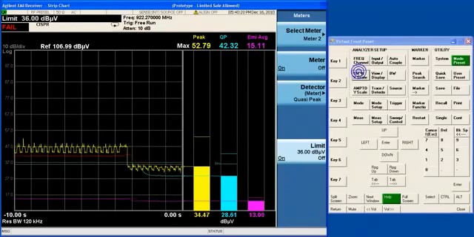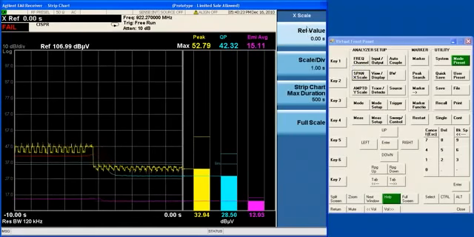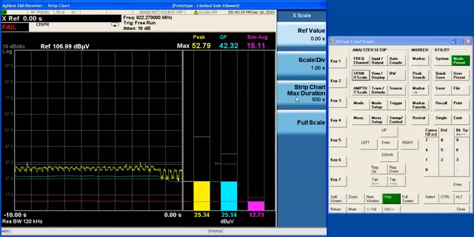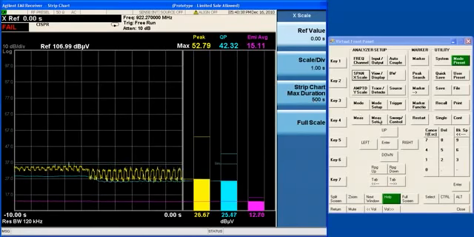If you go to the X scale control, you can set the maximum duration. It defaults to 500 seconds, but I can set it up to 1200 seconds or 20 minutes. And I can actually look at all of the data that I've captured up to that whole 500 seconds.